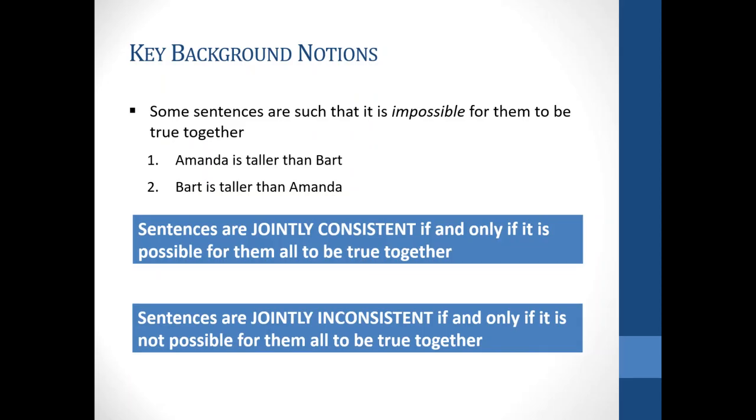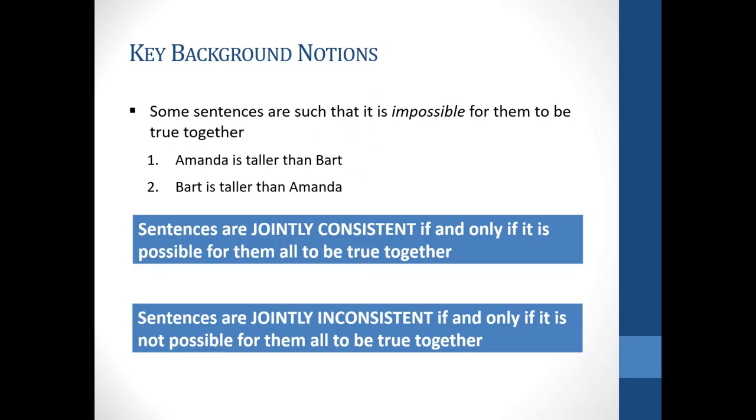Okay, so sentences are jointly consistent if and only if it's possible for them all to be true together. Sentences are jointly inconsistent if and only if it's not possible for them to be all true together. So consistency states like 2 sentences can be true separately, but they're only jointly consistent if they're true together.